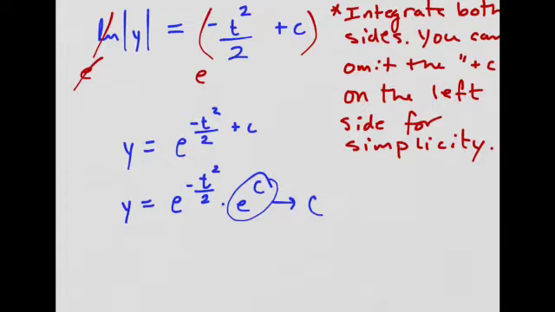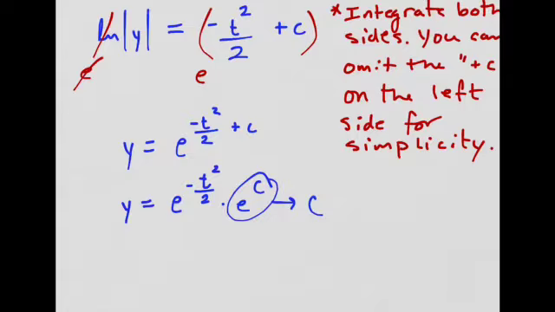It's like a shapeshifter. That's how some people think about it. But hopefully you understand that it doesn't matter whether I have e to the c and I don't know what c is, or I just have c and I don't know what c is. Because e to the c could be any number except for 0.